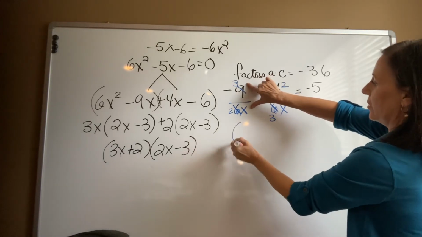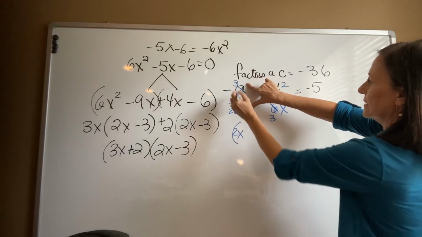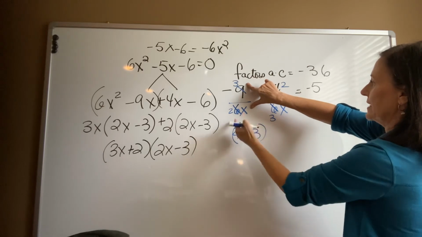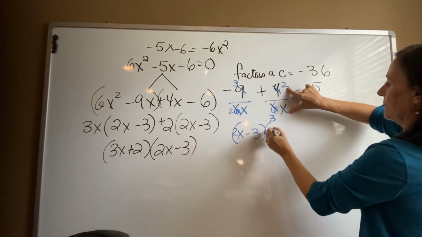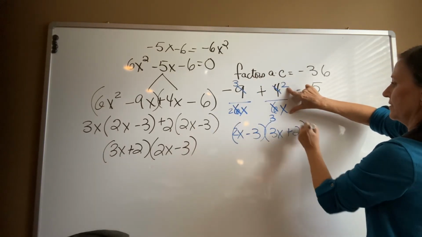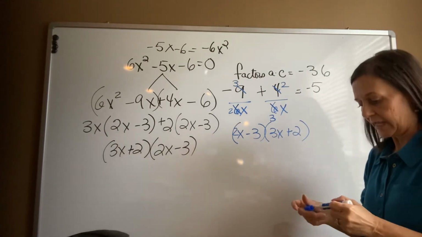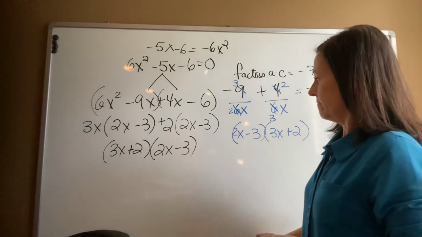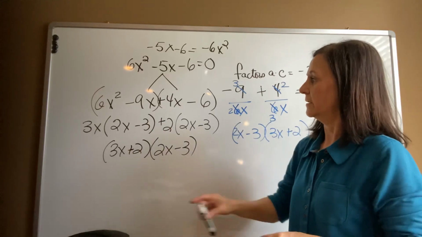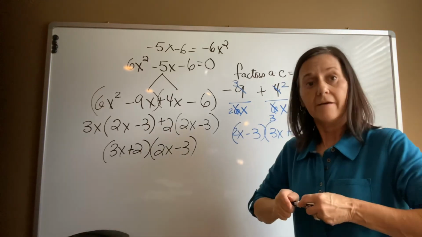So my factors are 2x minus 3, remember we're going down, up, times 3x plus 2, right? You get the same solution as if you worked it with regrouping or the box method.